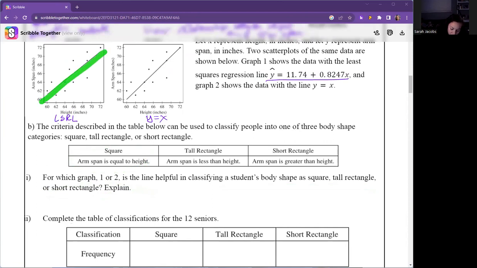With this line, this is the line of best fit, but it's pretty difficult to see where arm span is exactly equal to height. This line is our line y equals x. So this is showing us the place where the height and the arm span are equal. So graph 2 is more helpful.